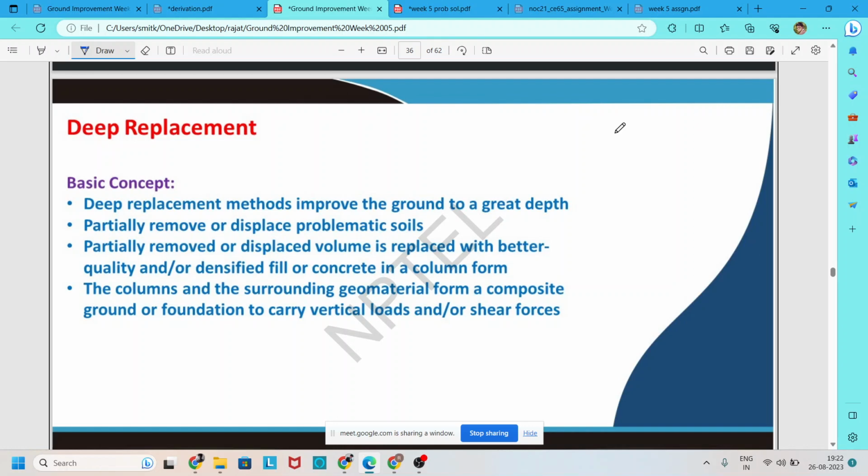This column and the surrounding geometry form a composite material, in the sense of the soil plus another good material which does not belong to the in situ material. It forms a vertical column which carries the vertical load and shear force.